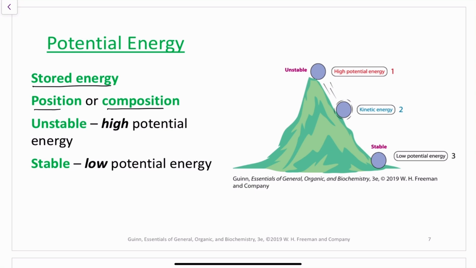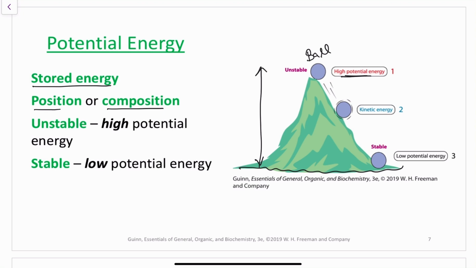Let's assume we have a ball placed on the top of a hill, and because of the position of this ball from the surface of the earth, it has higher potential energy because of the position of this ball from the surface of the earth, right?